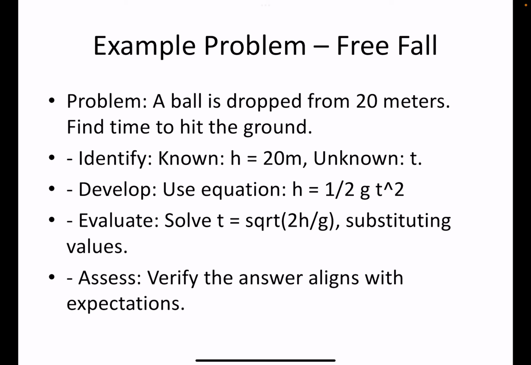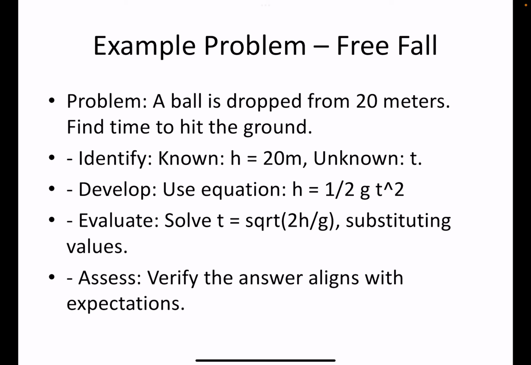Let's walk through a simple example using the IDEA framework. The problem is simple. A ball is dropped from rest from a height of 20 meters. Find the time it takes to hit the ground. Identify the problem. The concept is free fall, which means constant downward acceleration, g equals 9.8 meters per second squared.